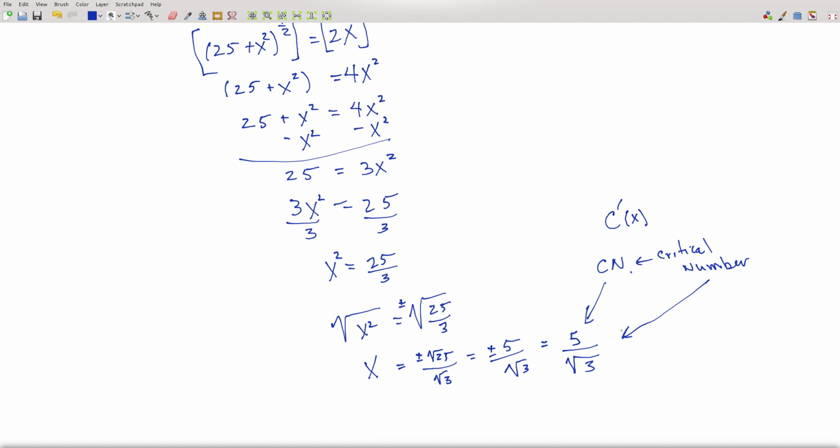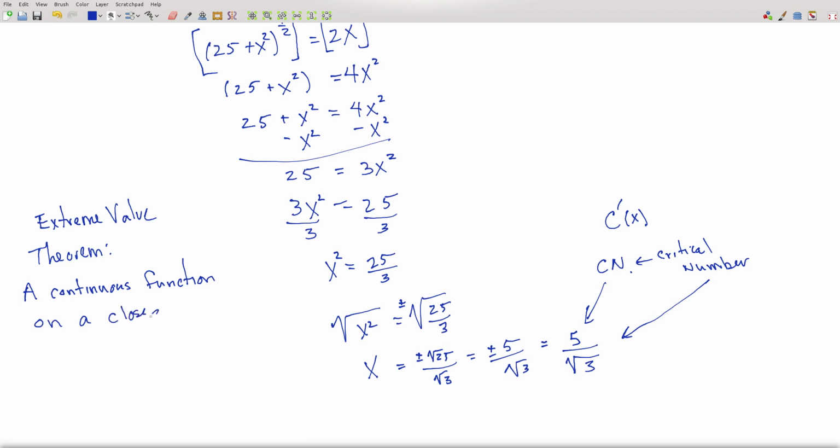I'm going to do something that's a little more powerful even than that, which is I'm going to remind you of the extreme value theorem. The extreme value theorem says that a continuous function on a closed interval will always have an absolute max and absolute minimum on the interval.